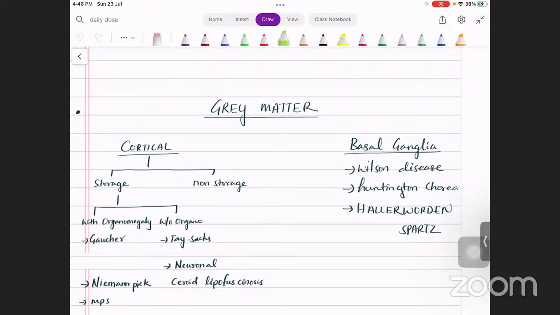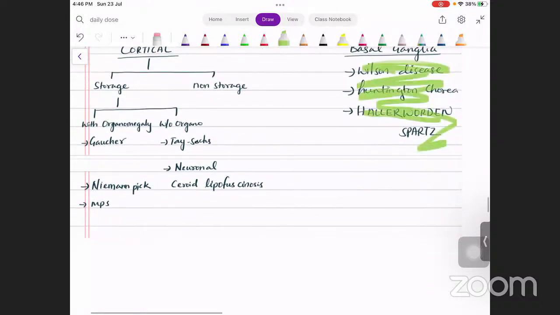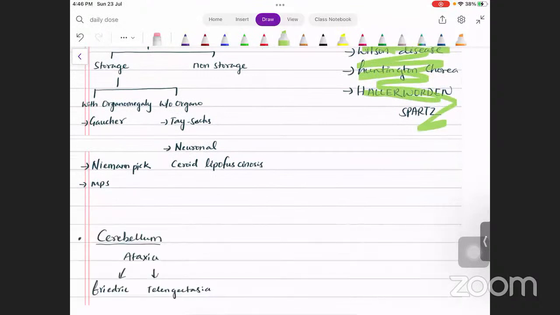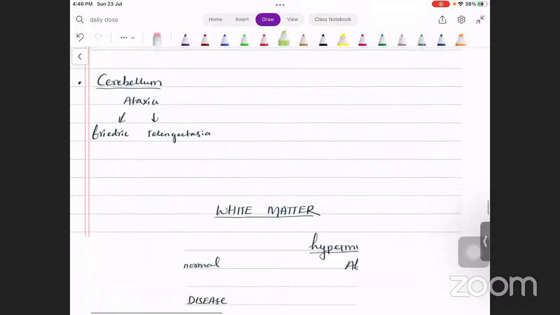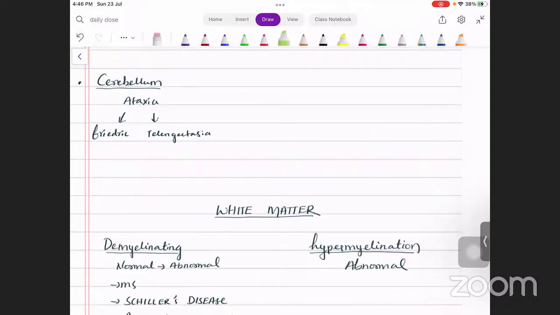Okay, and apart from that, gray matter and white matter. Gray matter: cortical and basal ganglia. Basal ganglia gray matter disorders are associated with Wilson disease, Huntington chorea, and Hallervorden-Spatz syndrome. Cortical storage disorders with organomegaly include Gaucher, Niemann-Pick, and mucopolysaccharidosis, and without organomegaly you may see Tay-Sachs and neuronal ceroid lipofuscinosis. In the cerebellum, Friedreich's ataxia and ataxia telangiectasia will be there.